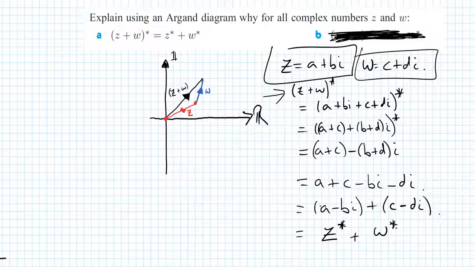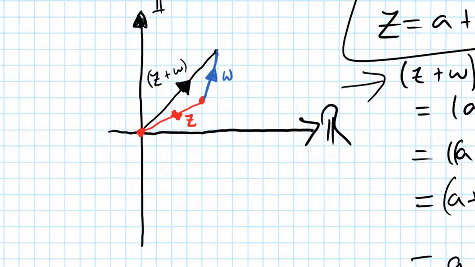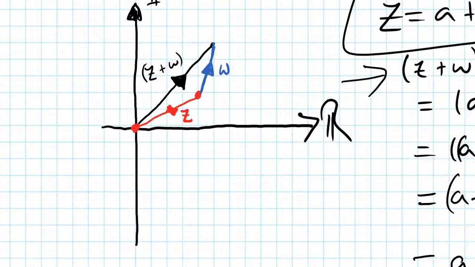Now then, let's again focus in on the Argand plane and take a look at what that could mean. So I've already drawn out for you what z + w looks like. I've just made up some vectors, that red vector z and that blue vector w. You can see overall that black line there, that's z + w. So if that's z + w on our Argand plane, what would (z + w)* look like?